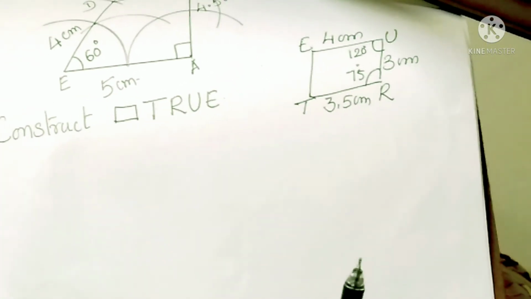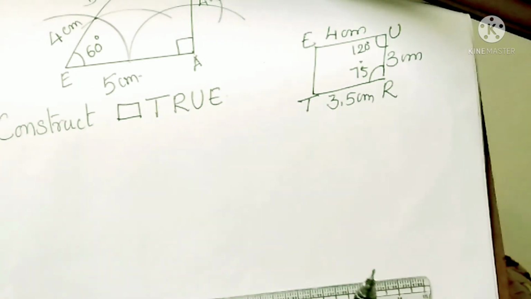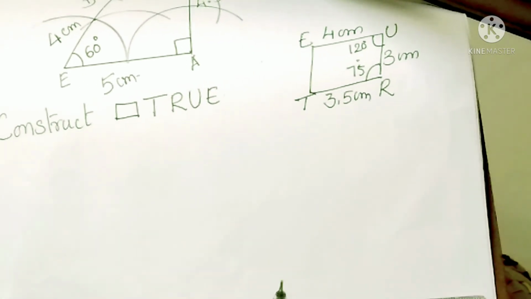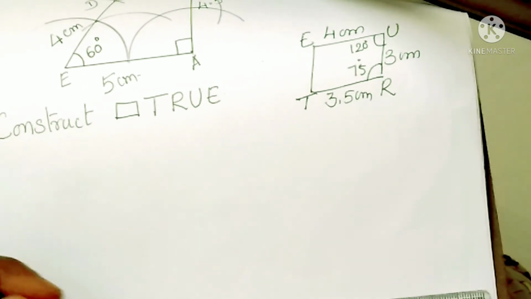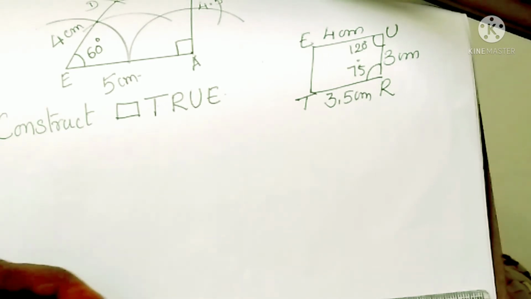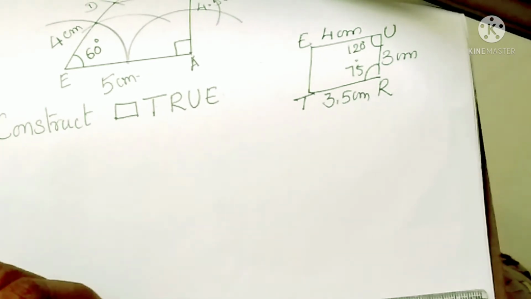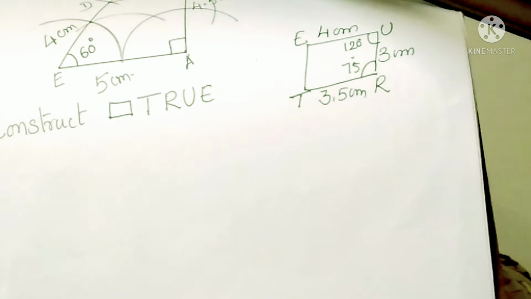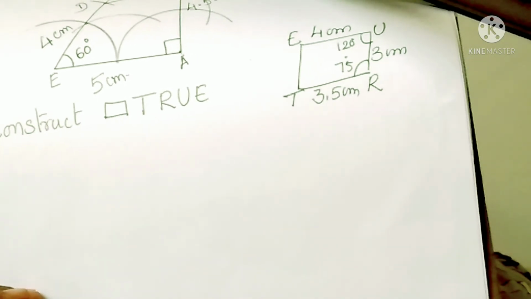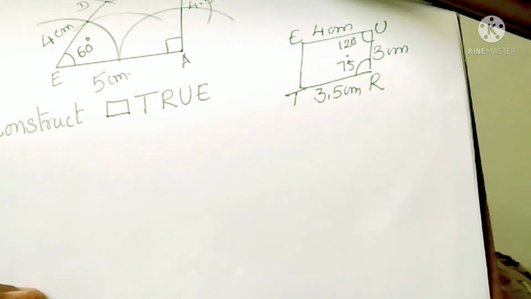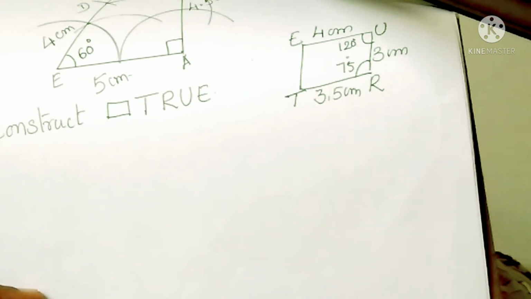So what is the first step? Always draw the figure, the side which has both the angles. So 3 centimeter. Which side is 3 centimeter? RU. So this point is R and this point is U and this is 3 centimeter.